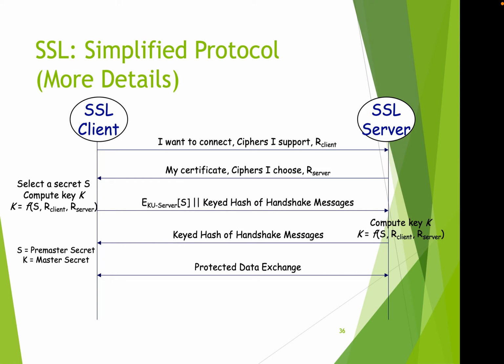In the second message, the server selects a secret key, so the computed key depends on the client and the server, so the ID of the client and server, and some secret information. So that's basically setting up the key exchange, so then they can exchange keys. That's SSL.